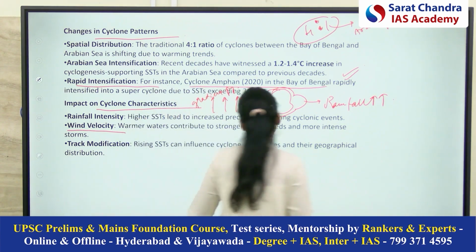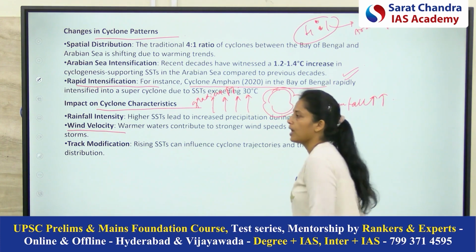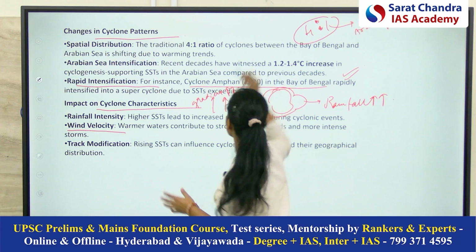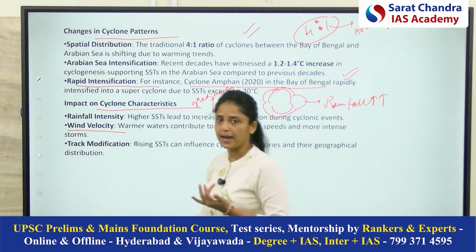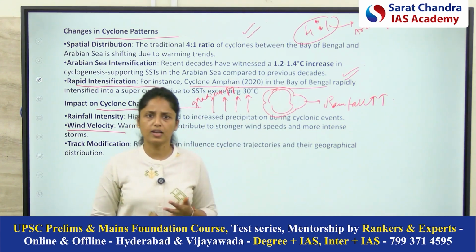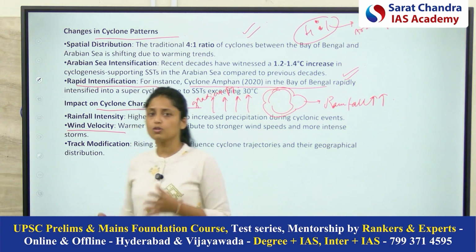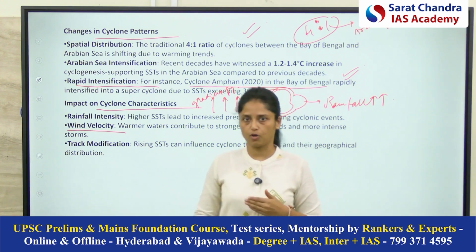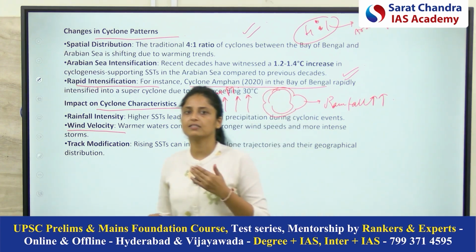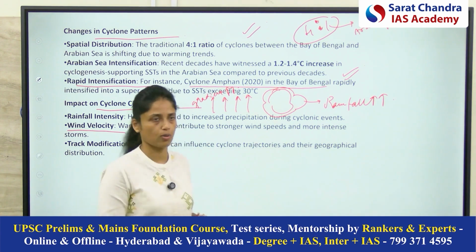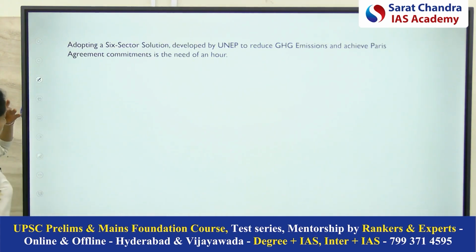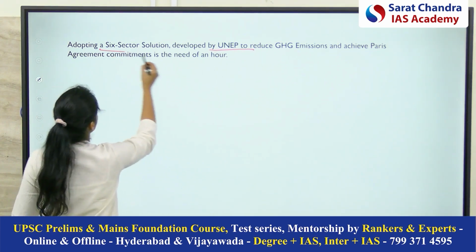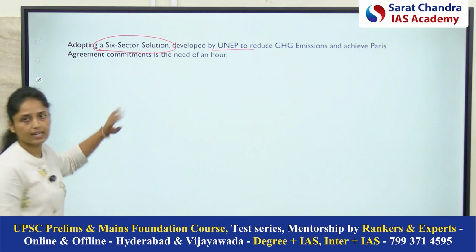So basically when you conclude this answer, you can write that tropical cyclones are creating impact on biodiversity, on human life, on infrastructure. So the main cause of this increase in frequency is global warming. So when you conclude this answer, you can write the solutions for global warming. Recently UNEP has adopted a 6-sector solution to deal with climate change.